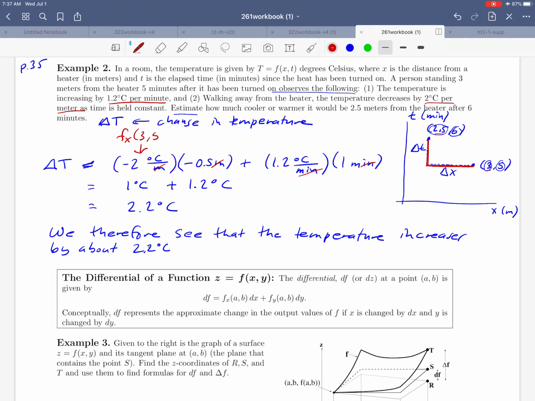So that was Fx at 3.5, if we want to use our partial derivative notation. And then the -0.5, that was the distance that we moved in the x direction. I'm going to call that delta x. We multiplied those two numbers and got the temperature change due to moving closer to the heater.